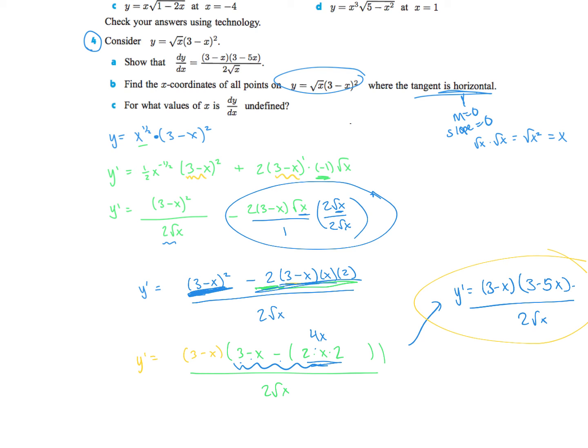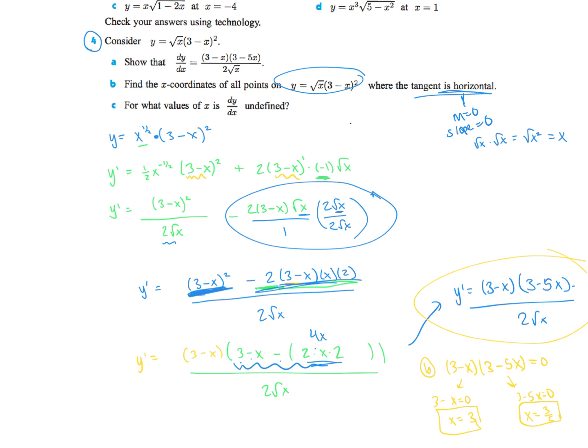Now remember, where the denominator is equal to 0 is where the function is undefined. Where the numerator equals 0 is where the function equals 0. So we're just going to set the numerator equal to 0, and I'm going to set each term equal to 0. So I get x equals 3, and I get x equals 3/5.